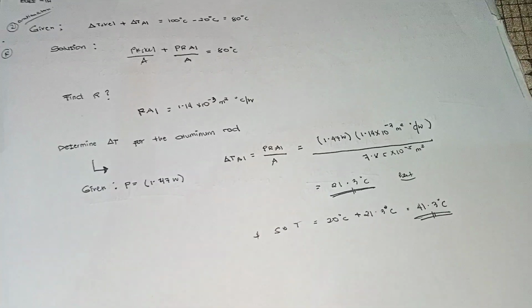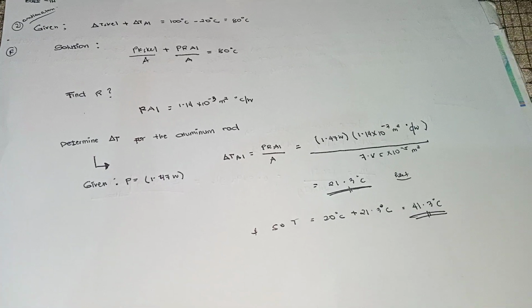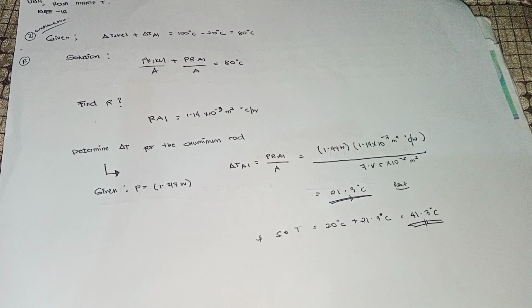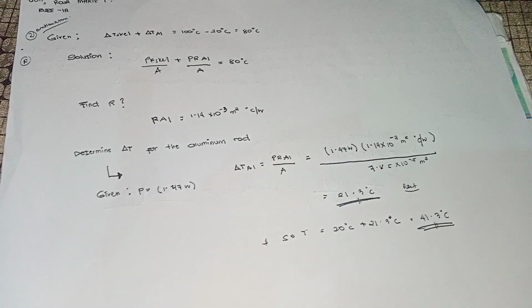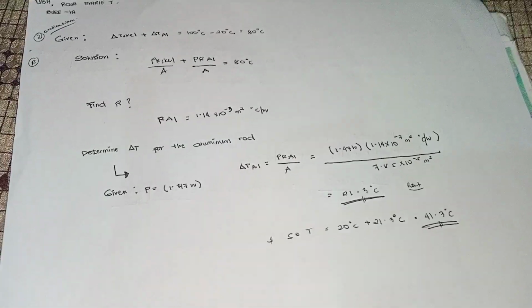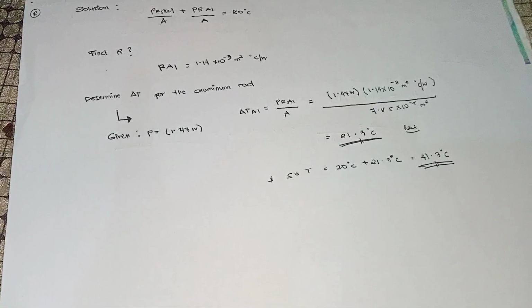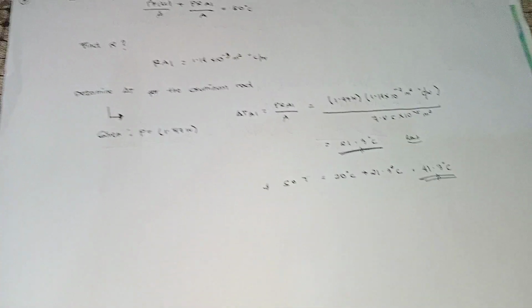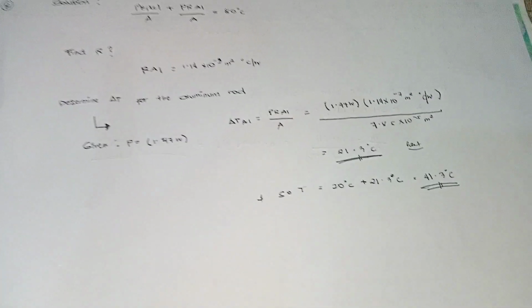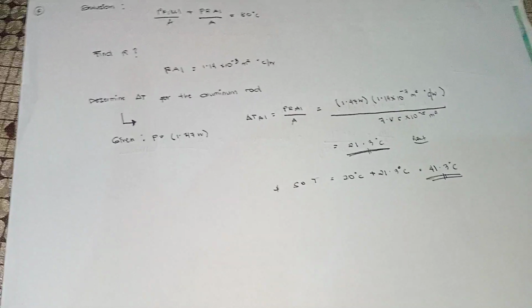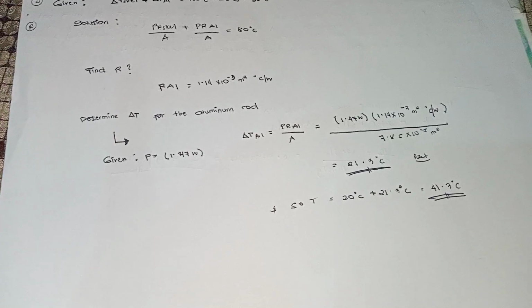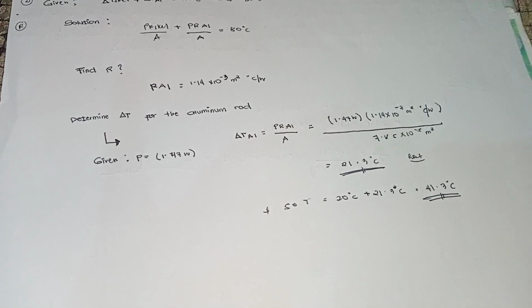So solution: P or Pascal over A plus PRAI over A, where A is area, equals 80 degrees Celsius. Previously we were finding P, and now in solution number 2 we are finding R. So RAI equals 1.14 times 10 to the raised power of negative 3 meters squared.